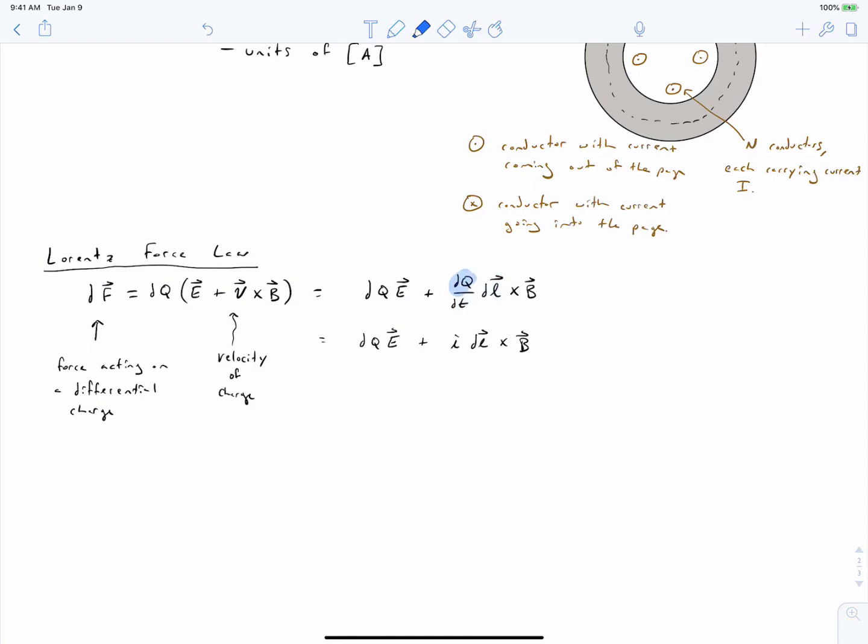And dq dt is simply equal to a current. In this form, we will especially use this latter term, which ends up being the principle used to calculate torque in most electric machines. So that is the Lorentz force law.